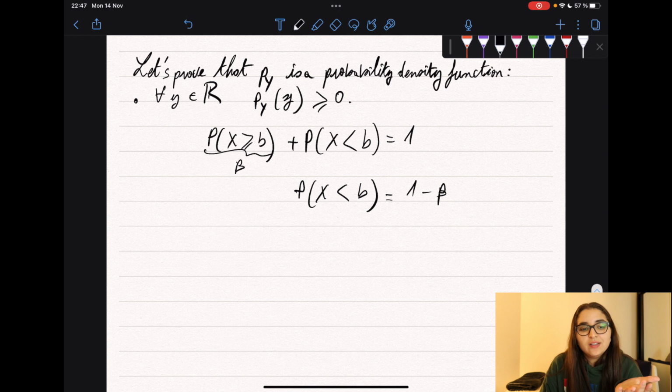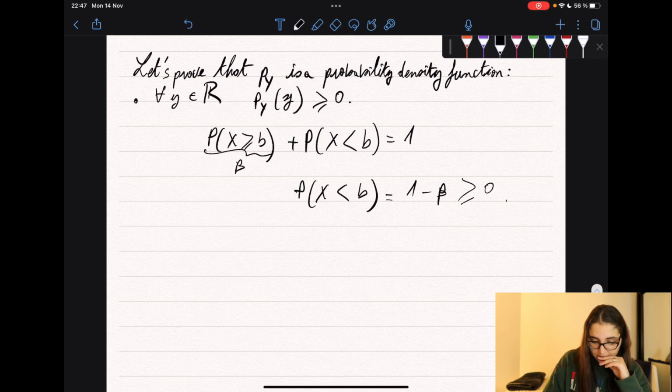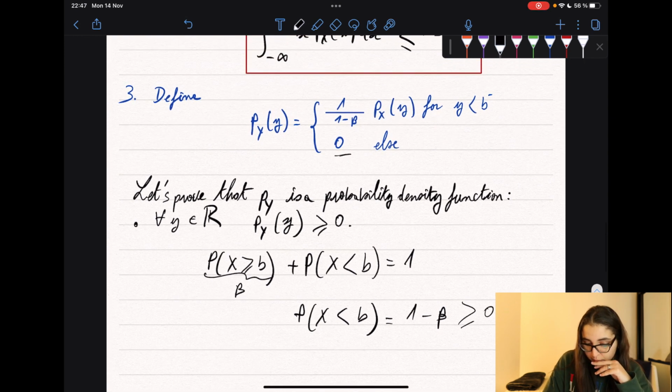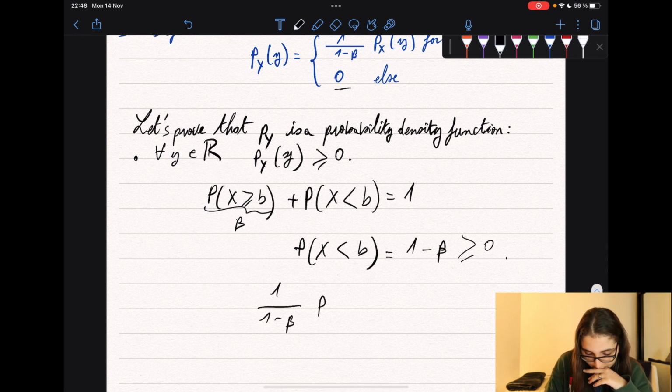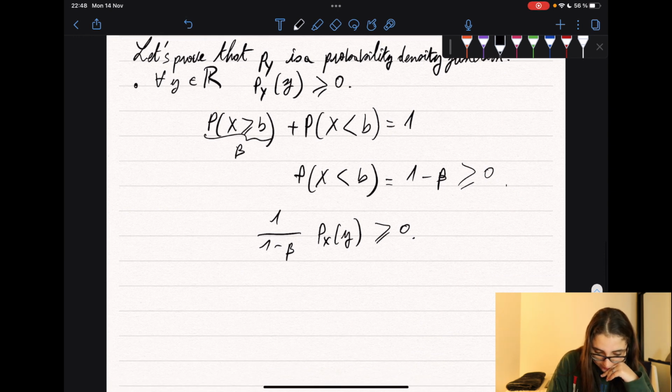And since it's a probability, it is always higher or equal to 0. Therefore, even if we invert it, even if we do 1 over this quantity, it doesn't really matter because the sign won't change. And therefore, 1 over 1 minus beta times px of y is going to be higher or equal than 0.